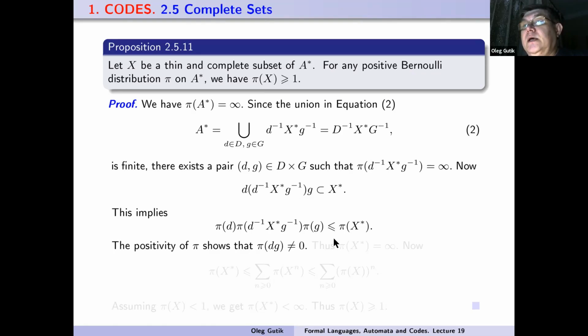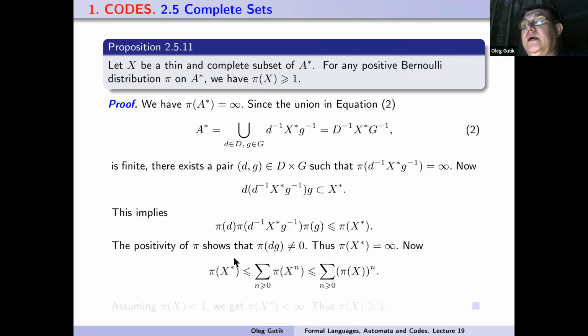The positivity of the mapping pi shows that pi of dg is not equal to 0. Thus, we get that pi of X* is equal to infinity.